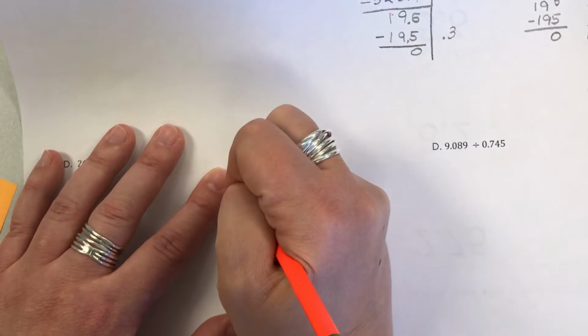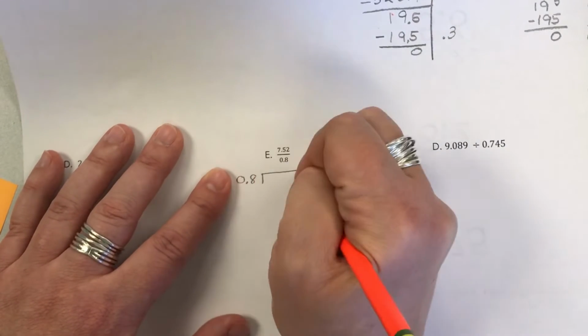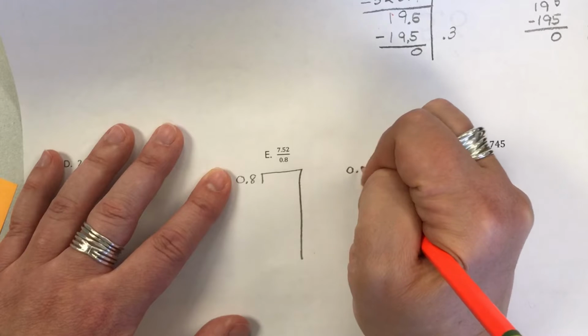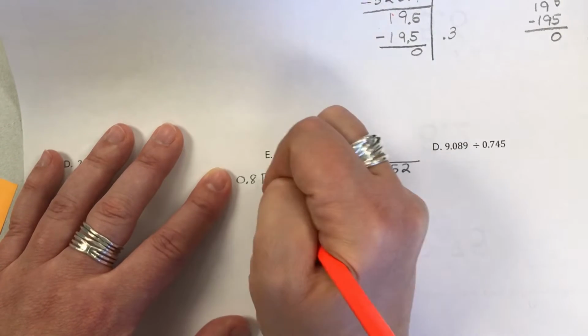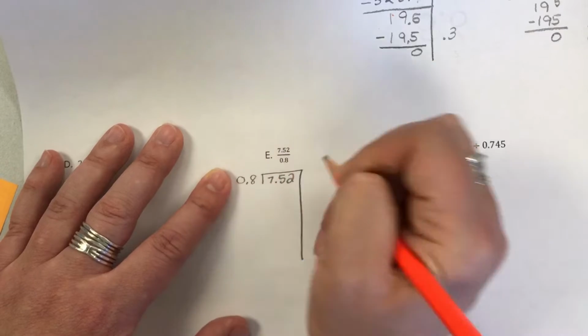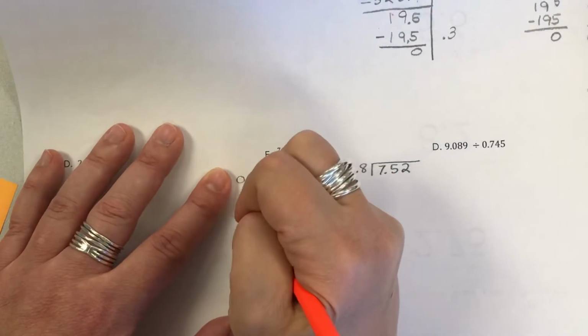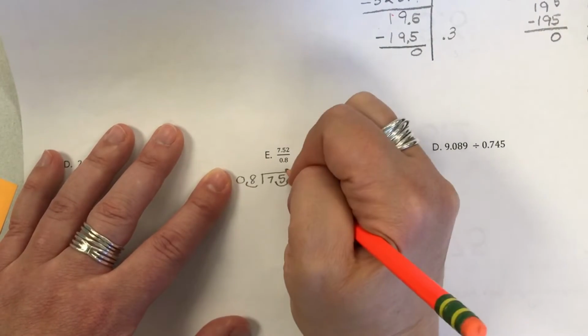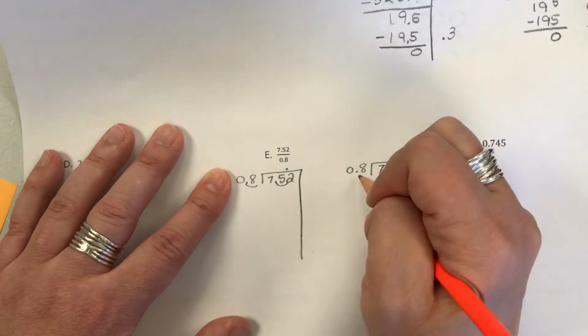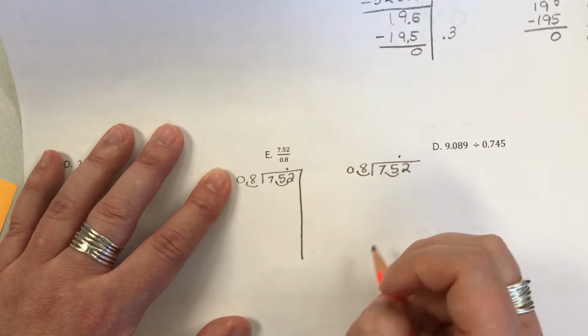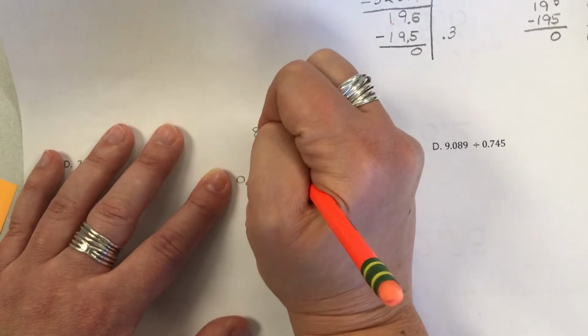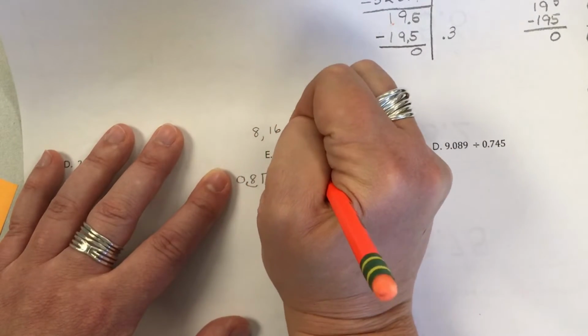E, 8 tenths. You move it over 1, you move it over 1, bring it up. Move it over 1, move it over 1, bring it up. You can list your 8s. List the first 9.